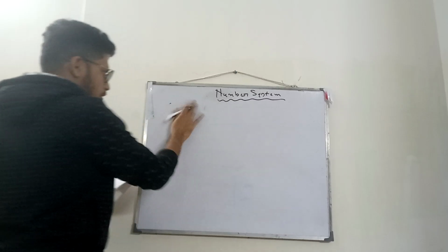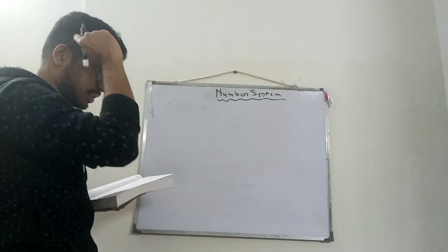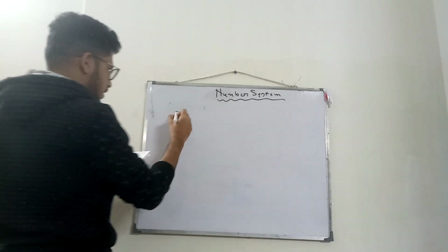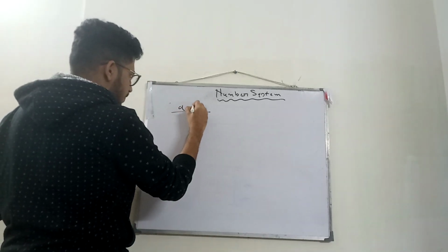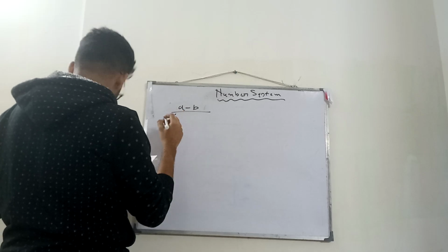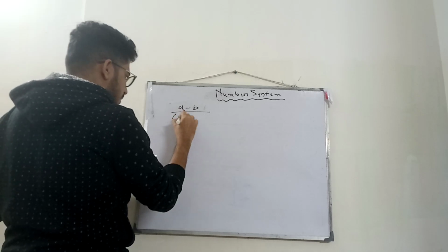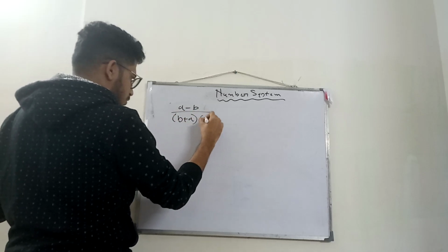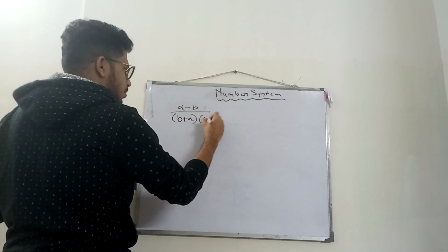The formula we've written is a minus b, that is, b plus a into a minus b.